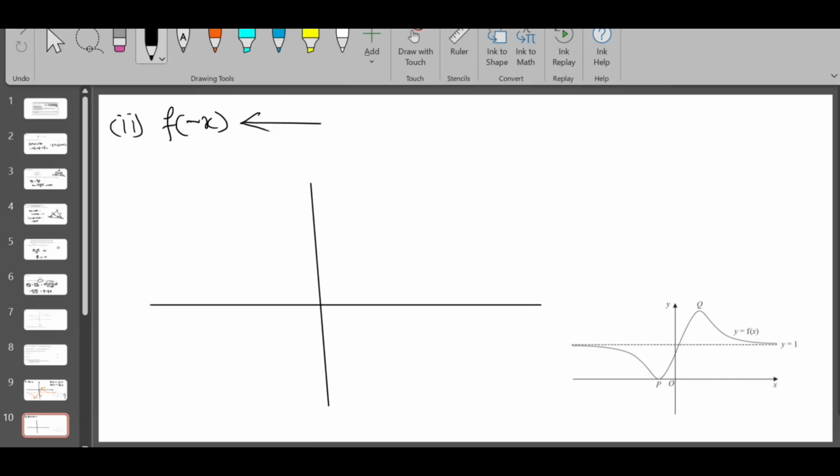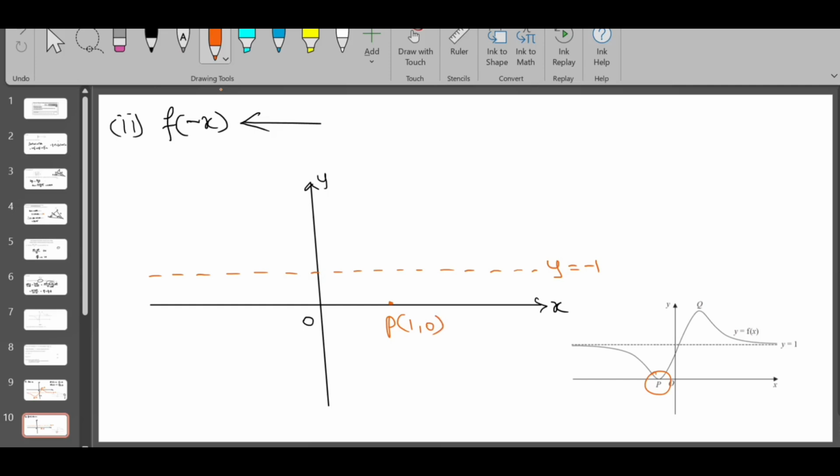Draw the x-axis and y-axis and origin. Always label the axes and the origin. The horizontal asymptote stays the same. Y is equal to minus 1. Now the point P of minus 1 comma 0 becomes P of plus 1, 0 when you flip it.